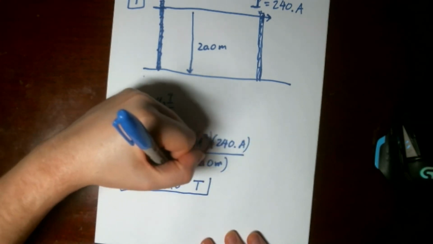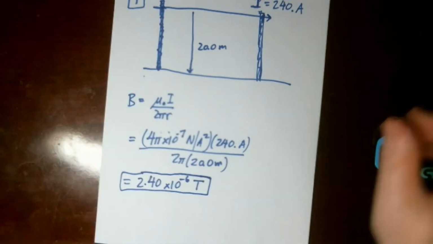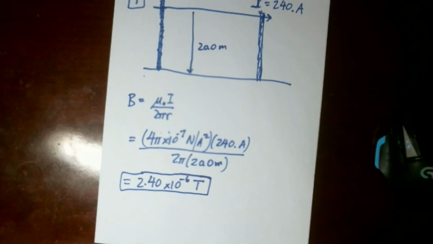It's pretty weak. Magnetic fields tend to be pretty weak in terms of Teslas. The Tesla is a large unit. But this is also quite a bit smaller than the magnetic field just due to the Earth. Usually the magnetic field due to the Earth at ground level is approximately half a Gauss, or 5/10,000ths of a Tesla.